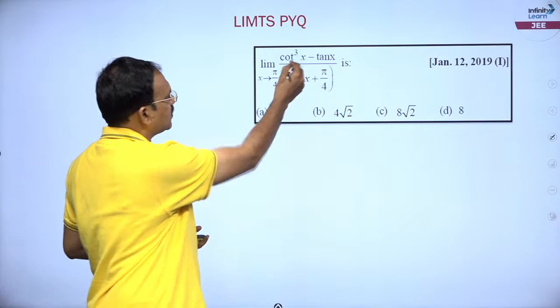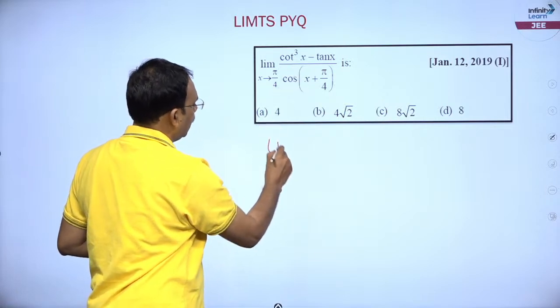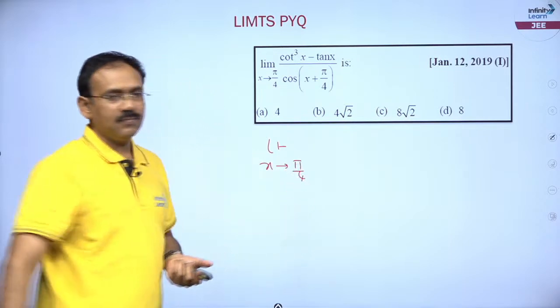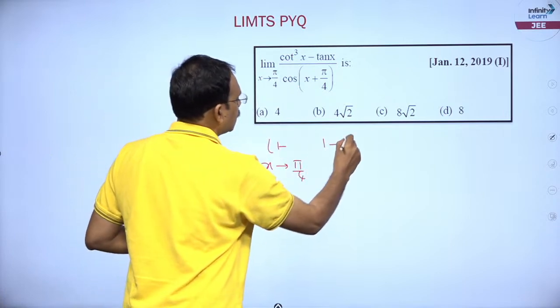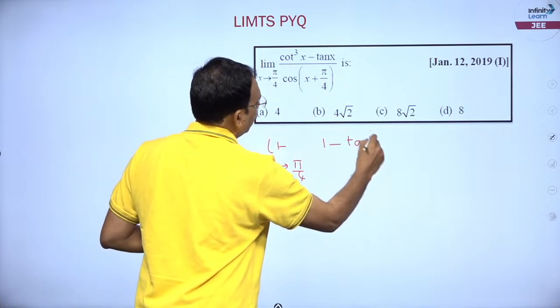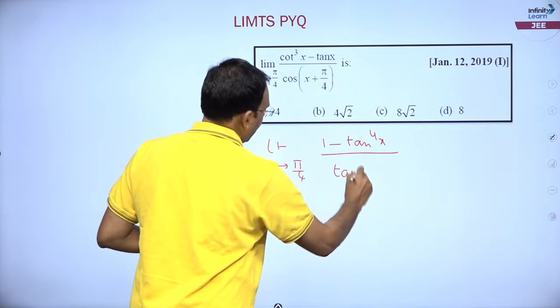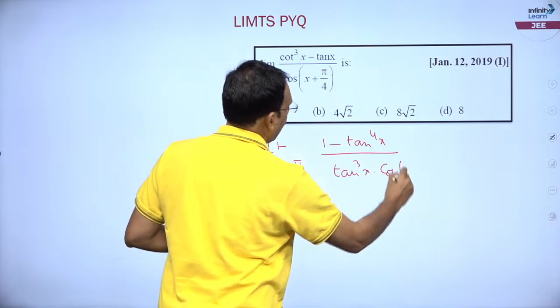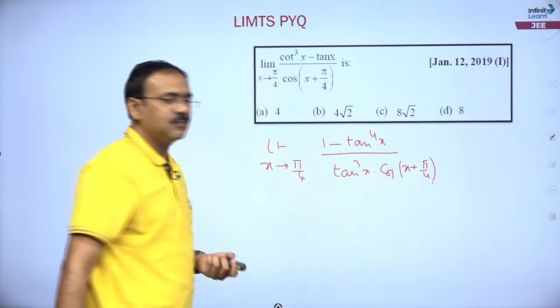What I do is, dear students, why don't I write, in terms of limit x tends to pi by 4, cot cube x as 1 by tan cube x. So, 1 minus tan power 4 x by tan cube x into cos of x plus pi by 4. Okay.